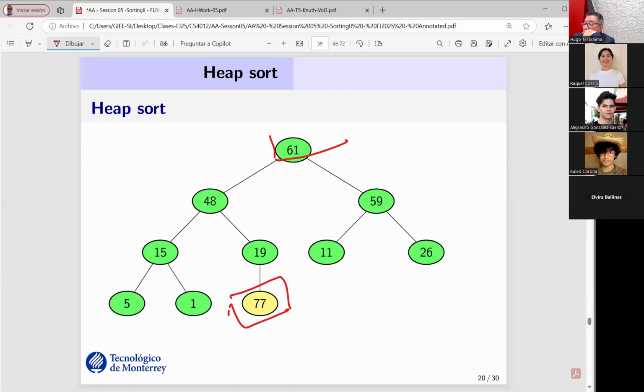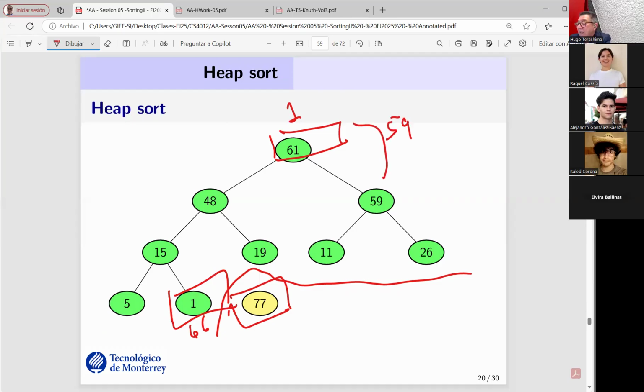And then I have this is the greater of this heap, and then I do the same, right? I exchange 66 here and 1 I put to the side because 59 is going to be here, and before I paste the 1 here, 26 is going to be here and 1 here. So that's the second step, right? And then you arrange the 59 in the third position here, and so on, right?